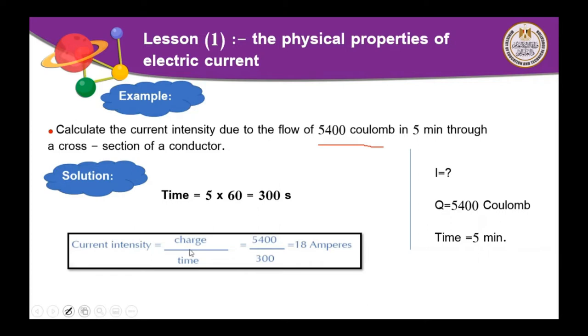So 5,400 divided by 300 equal 18 ampere. That is the solving of the problem. Again, in the example here we must find the electric current intensity, and we have quantity of charges and the time taken by them to flow through the conductor.